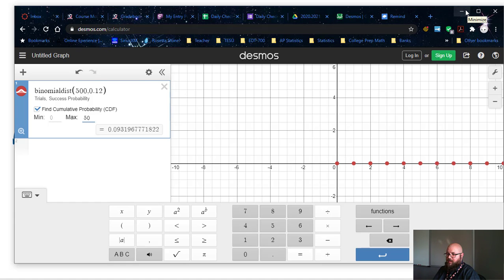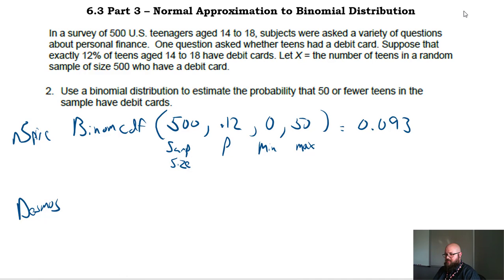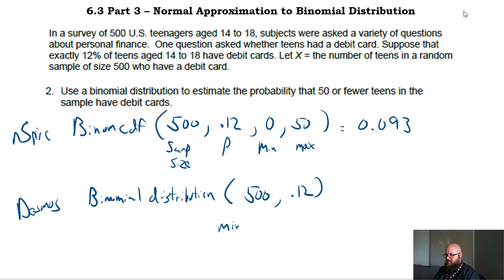So it was labeled binomial distribution. And again, they want us to set up 500 trials, and probability was 0.12. Okay, and then you had to set up your min was 0.